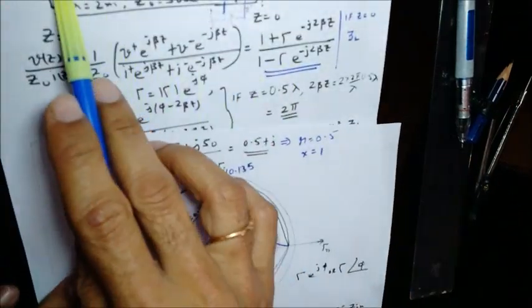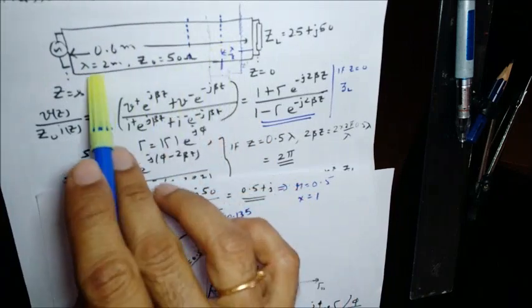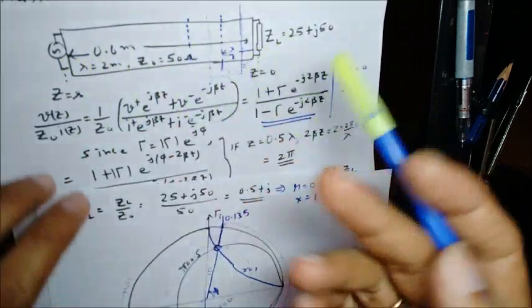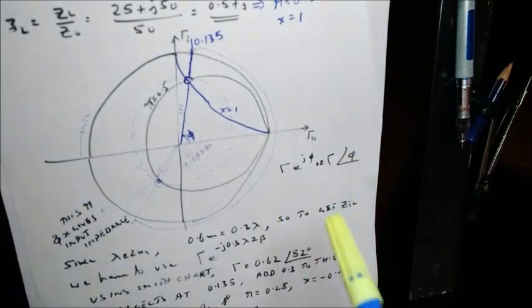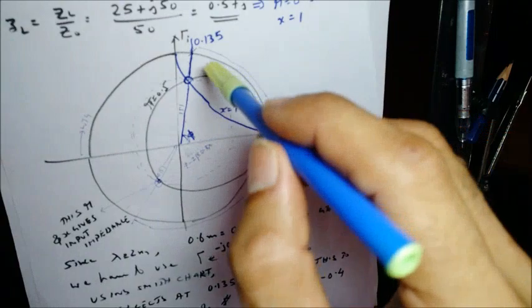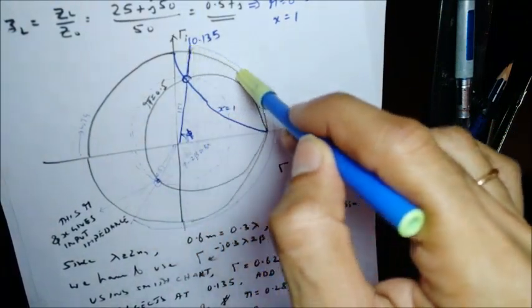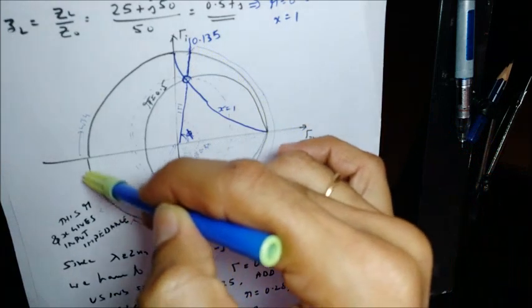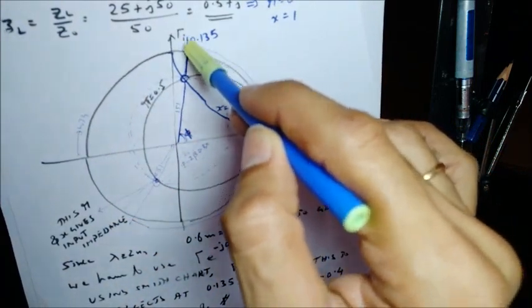Length of the transmission line is 0.6 meters, and since lambda is 2 meters, 0.6 meters will be 0.3 lambda. That means, suppose I had moved around 0.5 lambda, I would have reached the same impedance on the transmission line.